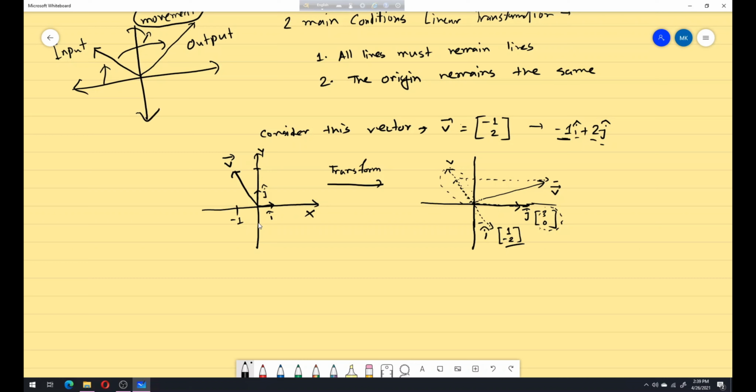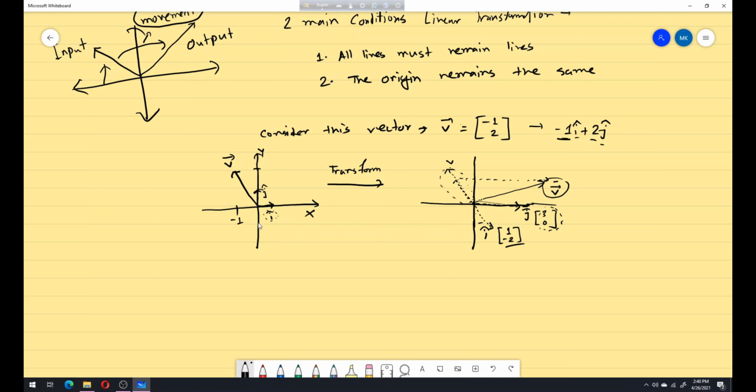So this is some sort of rotation where this I cap actually rotates and comes here, and this J cap rotates and comes here after some scaling done on these vectors. Okay. So what should be the value of this transform vector?